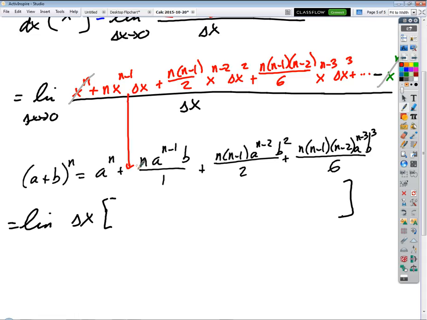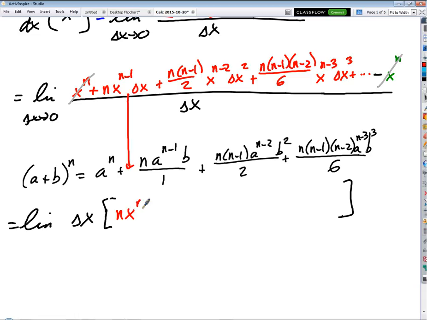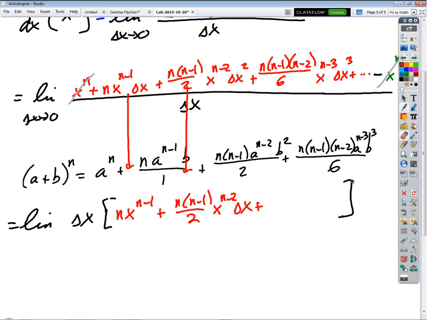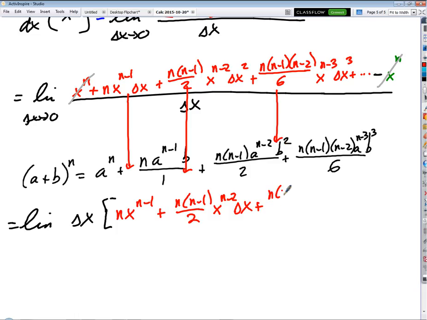This term gives me n x to the n minus 1. This one gives me plus n times (n minus 1) over 2 times x to the n minus 2 delta x, plus n times (n minus 1) times (n minus 2) divided by 6 times x to the n minus 3 delta x squared.